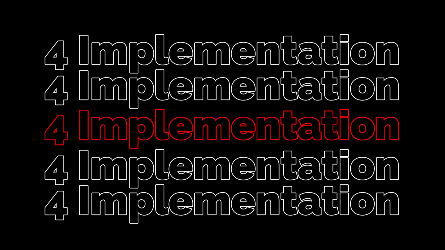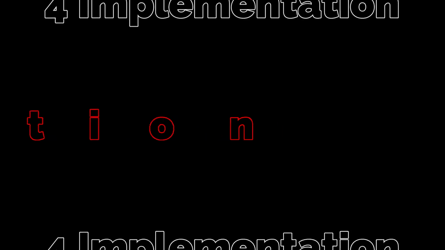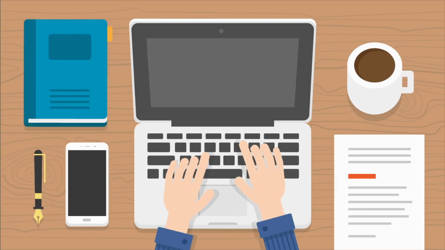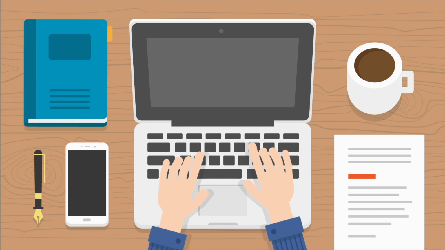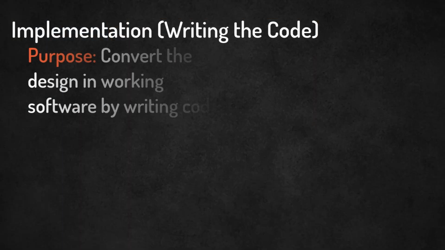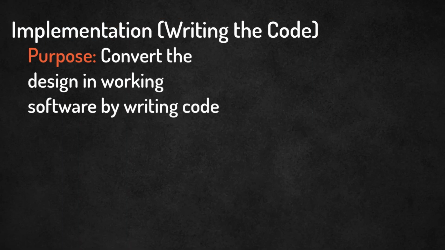And now we get to step 4, implementation, where we're now implementing the ideas and putting them down into code. Now, I am well aware that many of you thought that this was going to be step 1, but our implementation and coding is step 4. Its purpose is to convert the design into a working software application by writing our code.